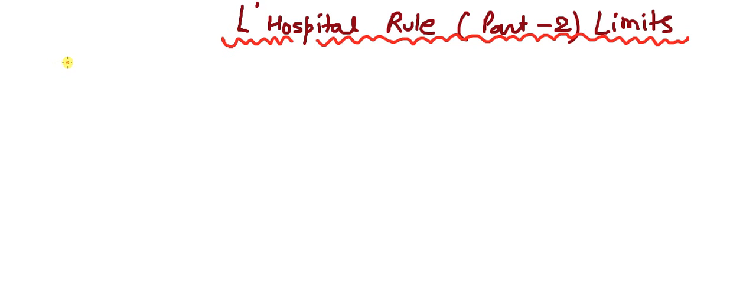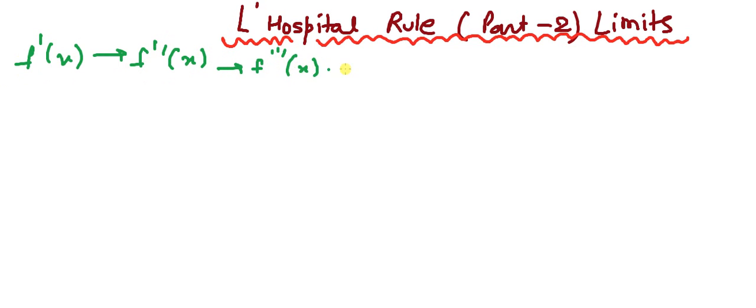From my previous video, I would like to tell you that we were differentiating the functions. To know more about this video, you'll have to watch my previous video on L Hospital Rule, part 1. In that, I told you that the function is differentiated again and again. We follow this method till the time we remove the 0 by 0 format.